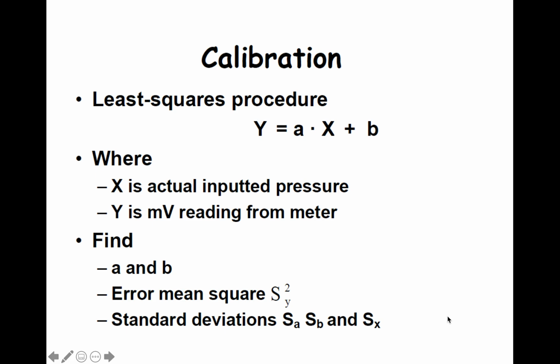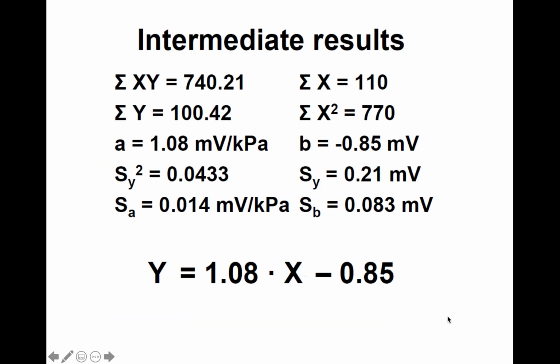There are 22 data readings with a range of 0 to 10 kPa. 11 data points were obtained by adding more weight, and the other 11 points were obtained by removing weight. This is a way to test the hysteresis effect of the sensor, which we will talk about in later class materials. The notes on pages 3-7 and 3-8 in the course packet also give all necessary intermediate results, so you don't have to calculate them yourself.